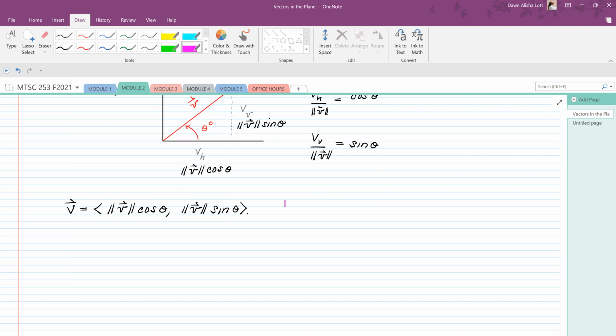So this is V resolved into its horizontal and vertical components.